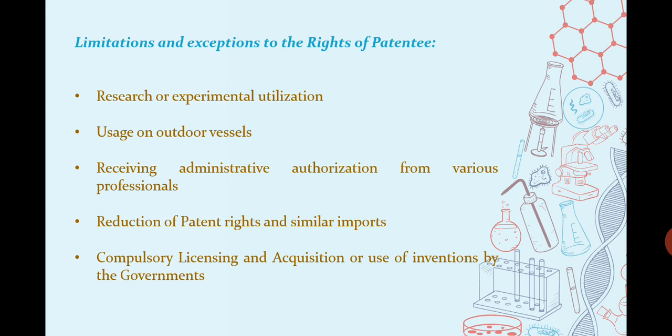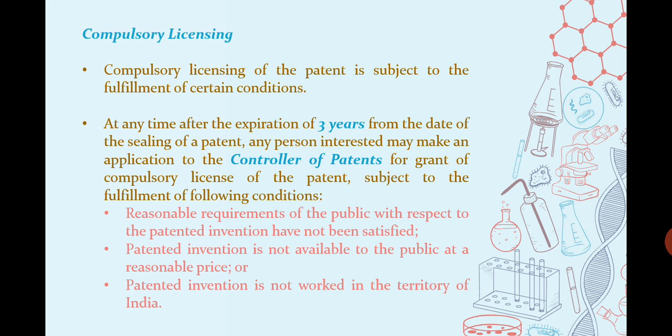For example, compulsory licensing is one such acquisition by the government of your invention. Likewise, reduction of patent rights and similar imports is a limitation or an exception to the rights of patentee. Compulsory licensing is one such way in which the exclusive rights of the patent holder are curbed in a certain manner.